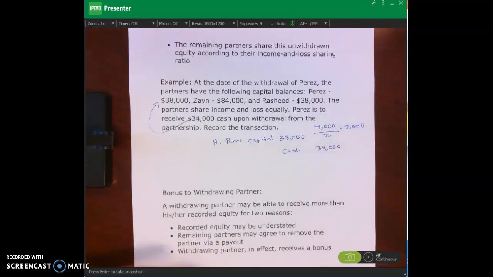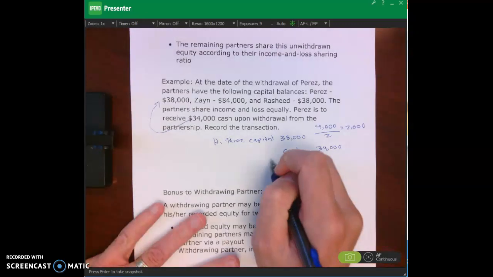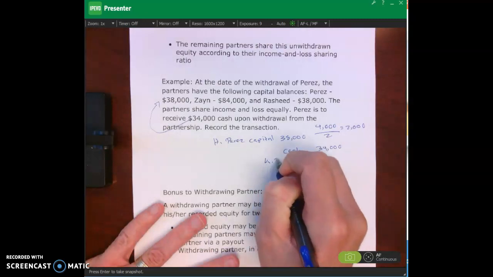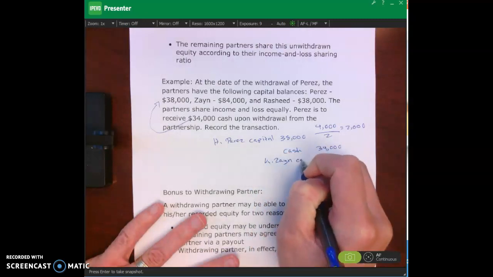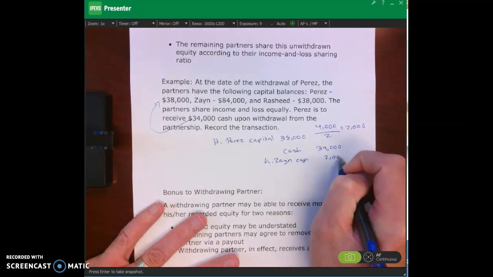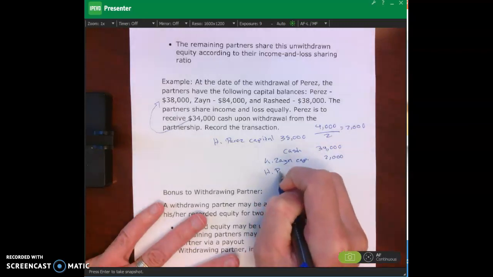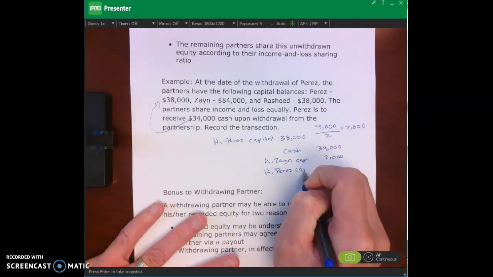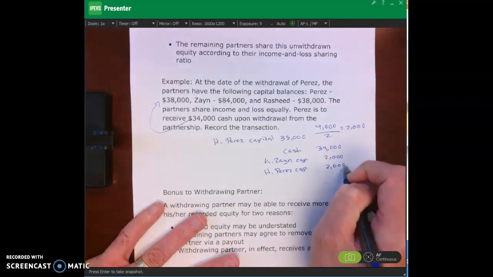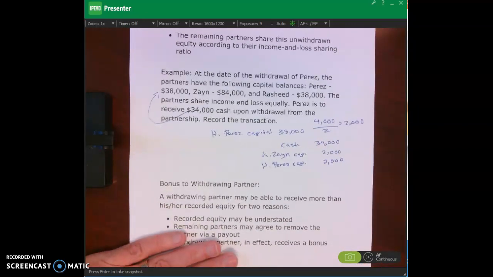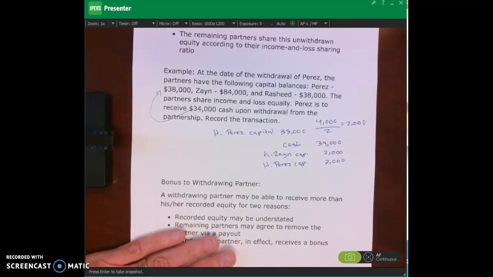So I take that $4,000 and divide it by 2, which gives me $2,000. Then I increase Kayla's capital by $2,000 and Rashid's capital by $2,000. Remember, capital is equity, and the way I increase equity is with a credit.